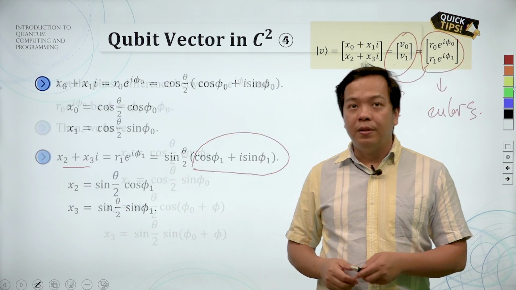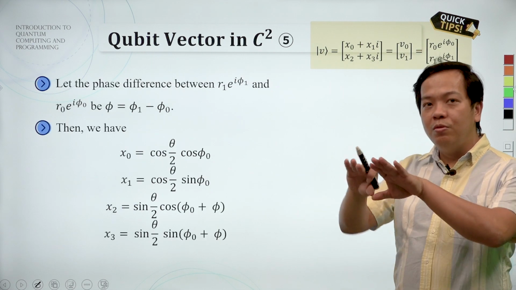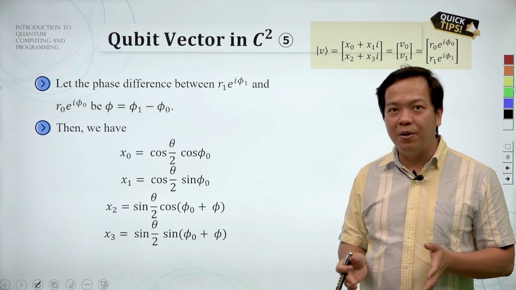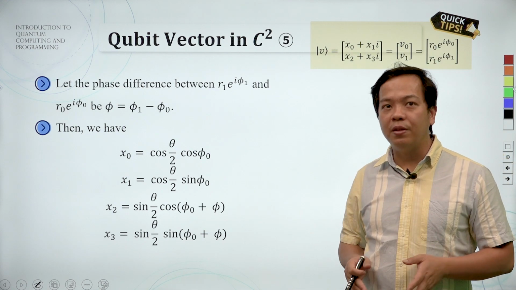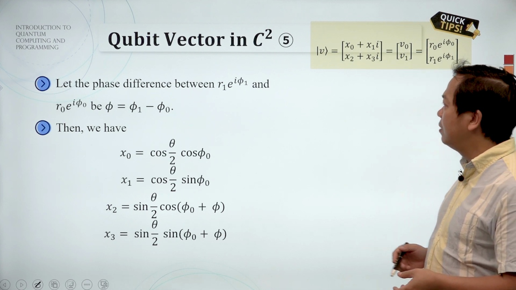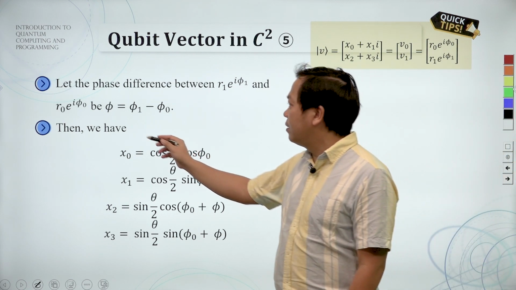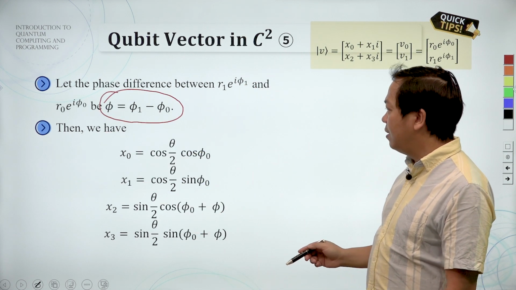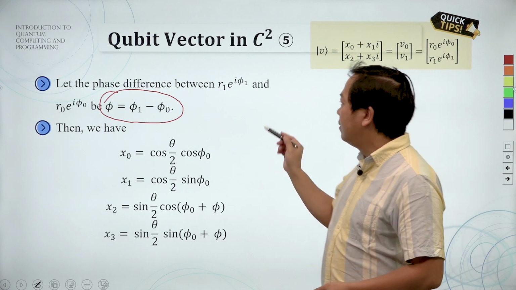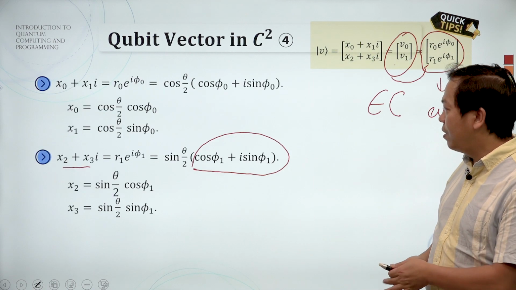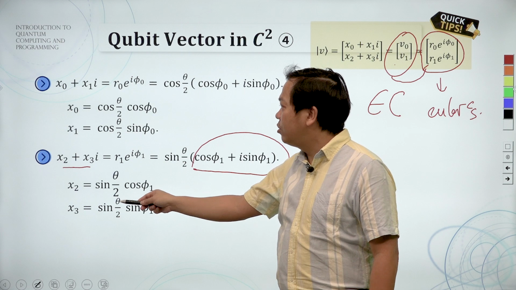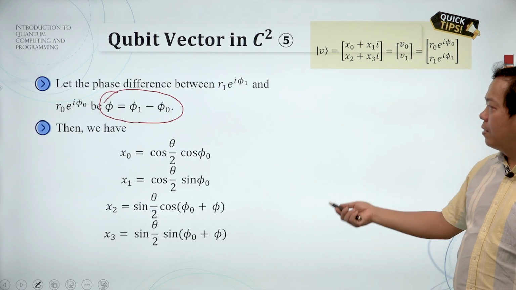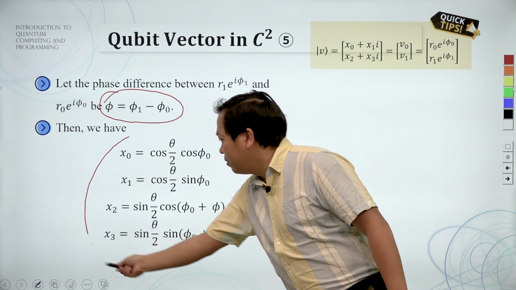The last one: when you have two qubit vectors, how can you calculate the phase difference? This formula tells you how to calculate the phase difference, based on these two values. From the previous one you can calculate x1, x2, x3, and then we can have this kind of total value.